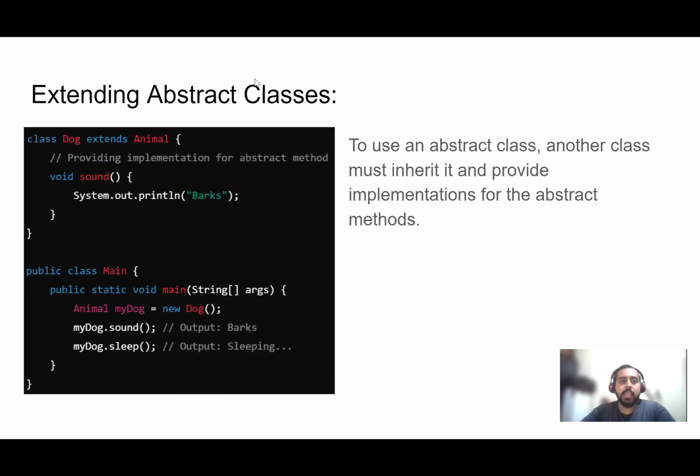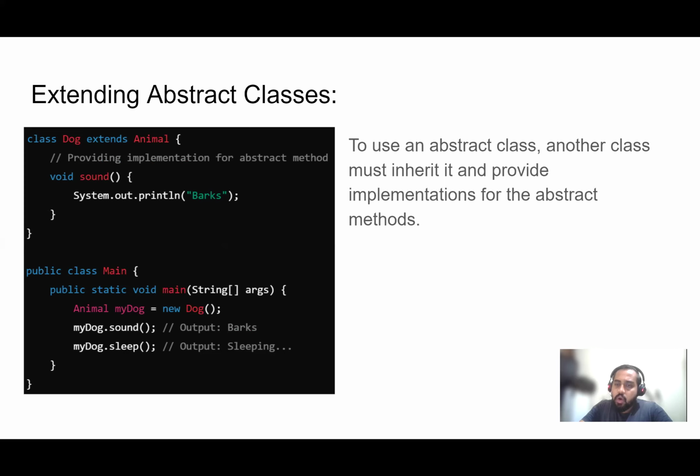So, extending abstract classes. We already saw in our inheritance concept, guys. If you haven't watched inheritance, please watch that video prior to this. If a class extends another class, then the other class becomes the parent, and the extending class becomes the child.